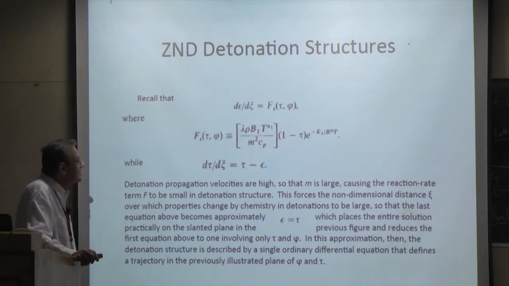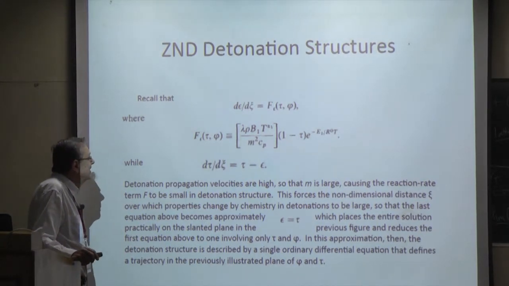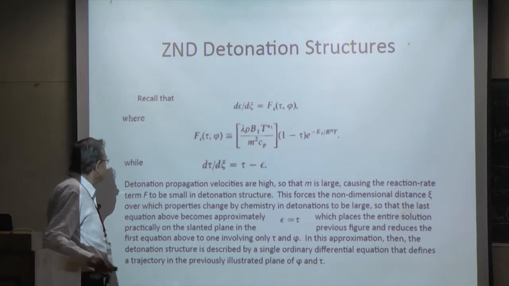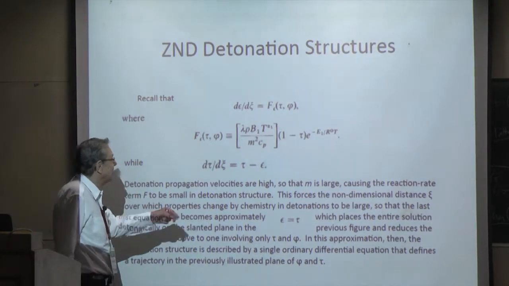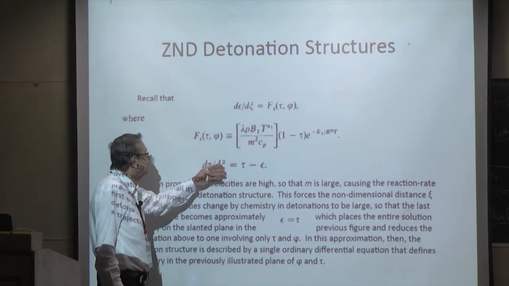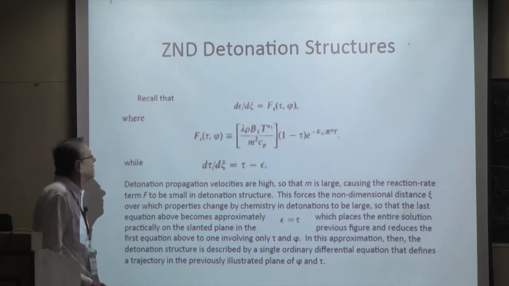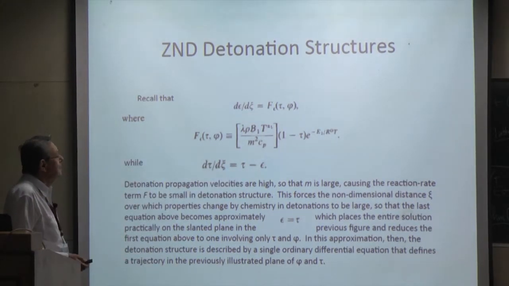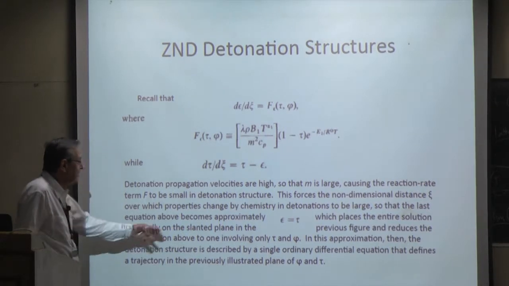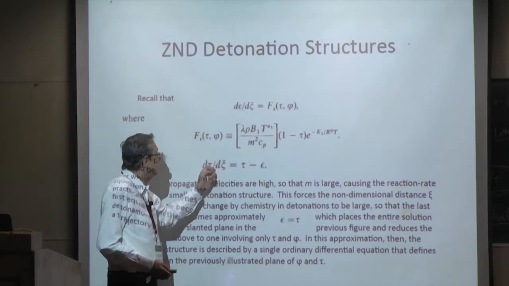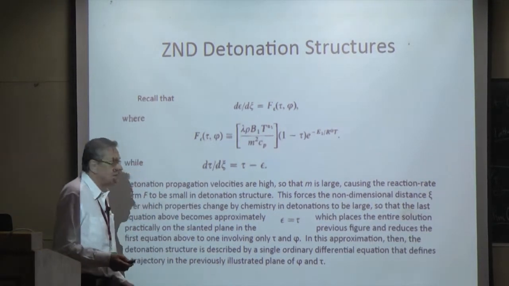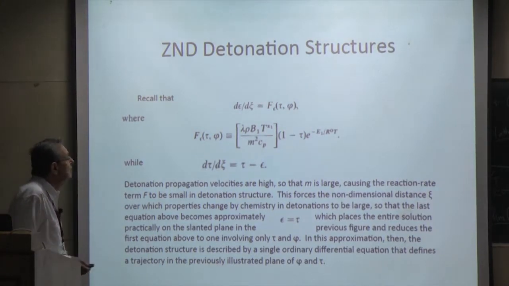It's the shock wave, it's not heat conduction that does it. And then it's going so fast that the heat conduction terms are negligible, so that tau is approximately equal to epsilon along the detonation. That's the Rayleigh line condition.